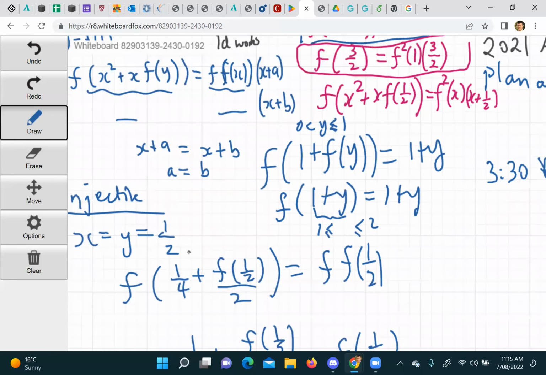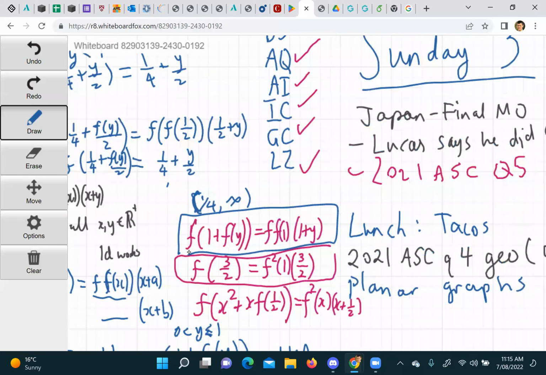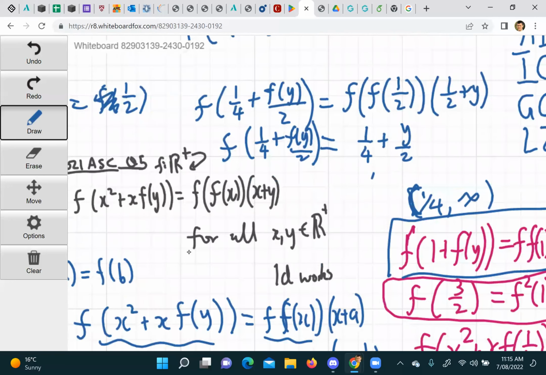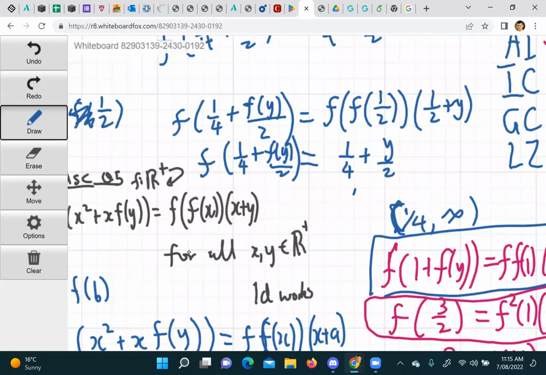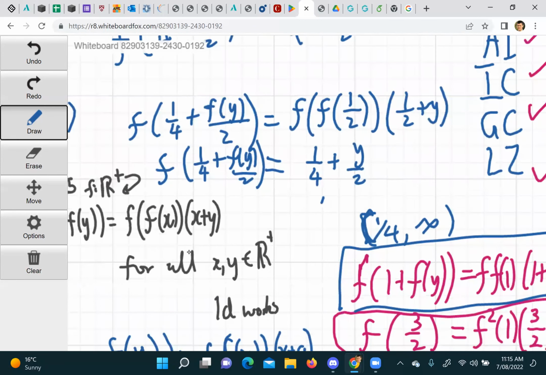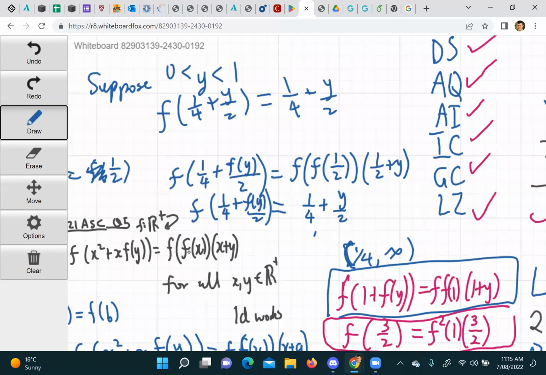Actually, I have a comment. It was not obvious that it was injective, so that's why the first step was so shocking. The first thing you think with these problems is what Leon's saying: when it's all the reals, you start subbing in 0 and stuff, and you start thinking, oh, it could be the 0 function as well, right?